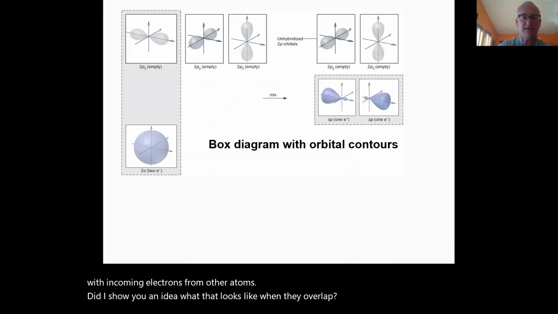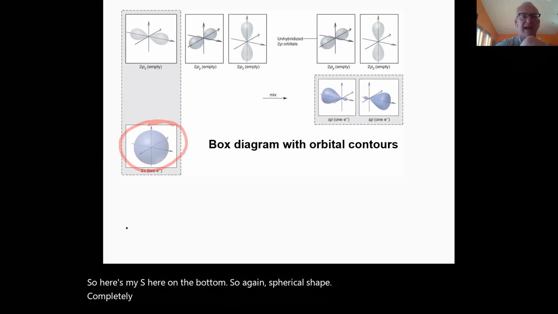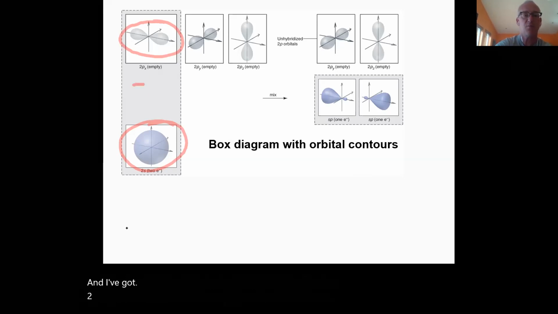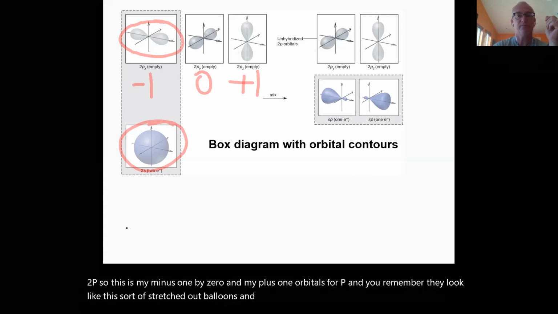So here's my s on the bottom. Again, a spherical shape, completely spherical. And I've got 2p, so this is my -1, my 0, and my +1 orbitals for p. You remember they look like stretched out balloons at 90-degree angles.